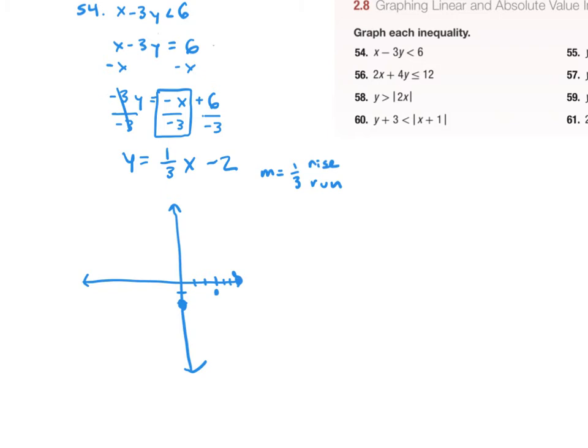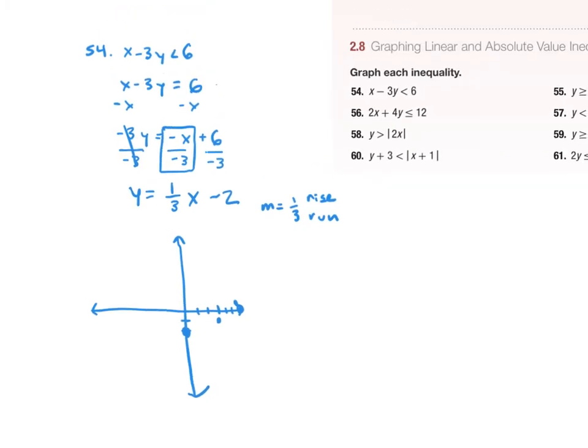Going back to our question here, we have a less than sign. Is this going to be a solid line or a dotted line? Dotted line. So we connect our points with a dotted line. Now we need to shade. How are we going to figure out where we shade? Plug in 0, 0.